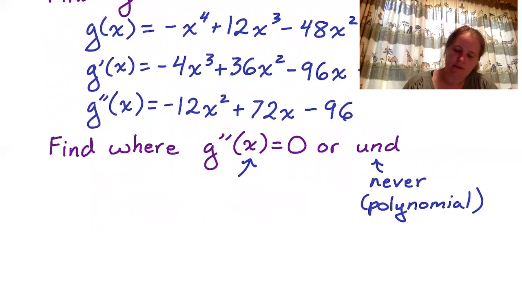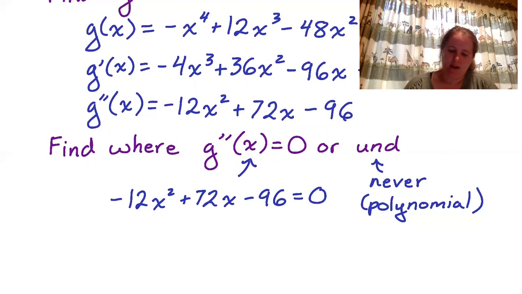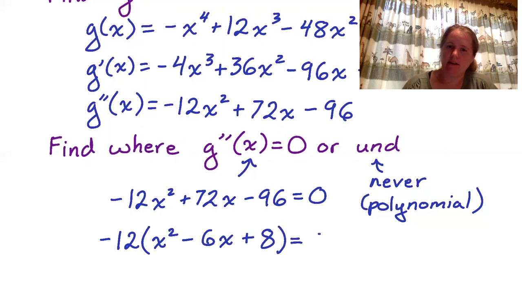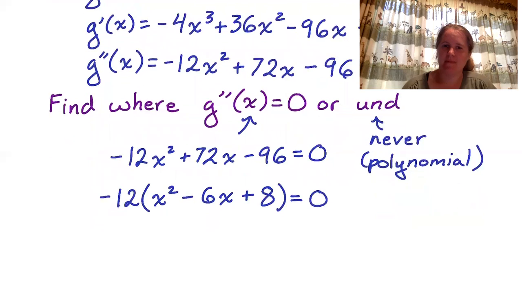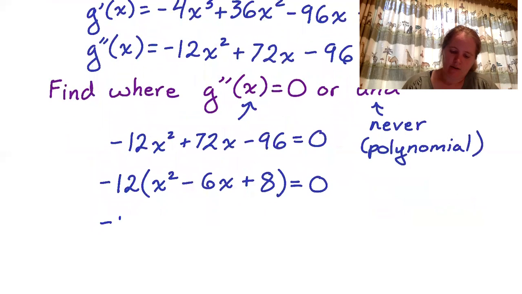Where we set it equal to 0, we are looking at negative 12x squared plus 72x minus 96 is equal to 0. We can factor a negative 12 out of this, and we have x squared minus 6x plus 8 left on the left-hand side, all equal to 0. That factors further.